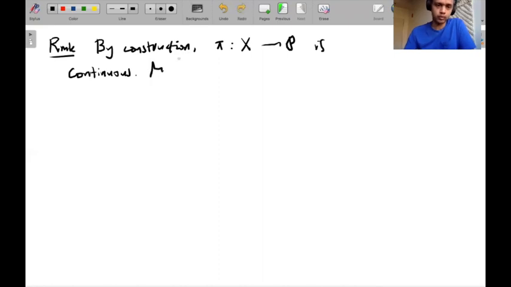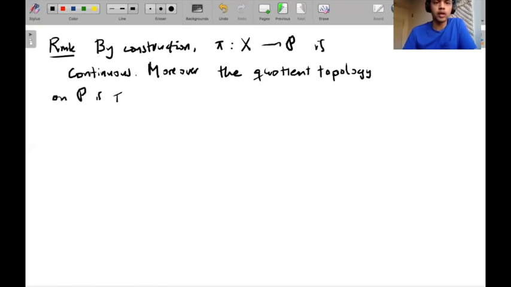Moreover, the quotient topology on P is the largest topology with this property.